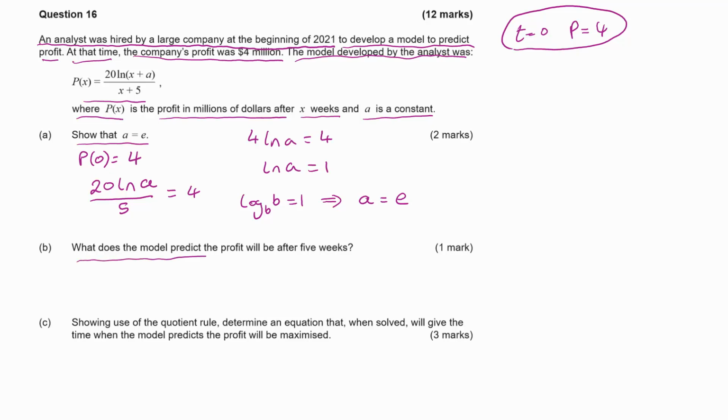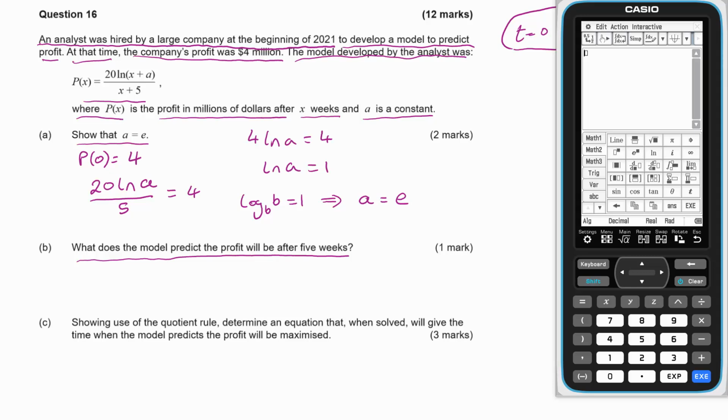What does the model predict the profit will be after 5 weeks? So what we're after is P of 5. So that's going to be 20 log of 5 plus E, all over 5 plus 5.